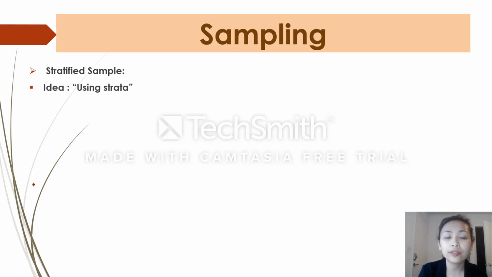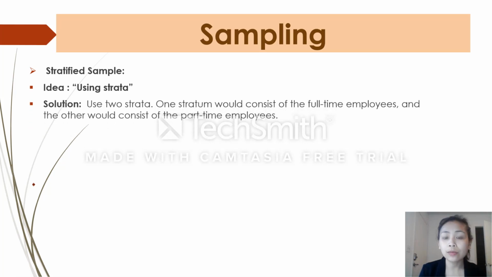And in that case, we think about using strata. Here, because we have two types of employees, full-time and part-time, we are going to use two strata. The group of people who work full-time is one stratum, and the group of people who work part-time is another stratum.